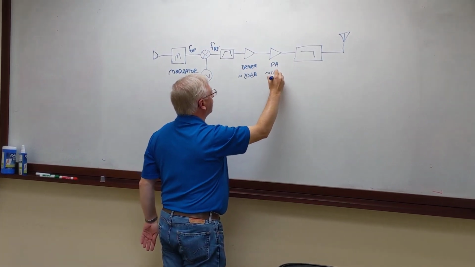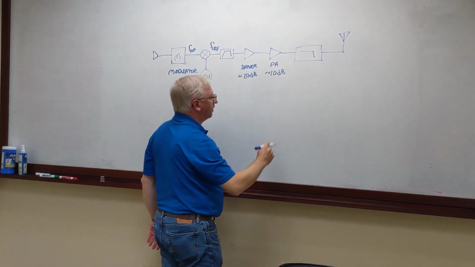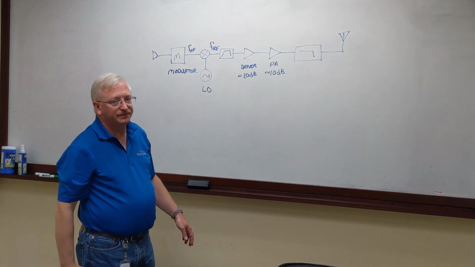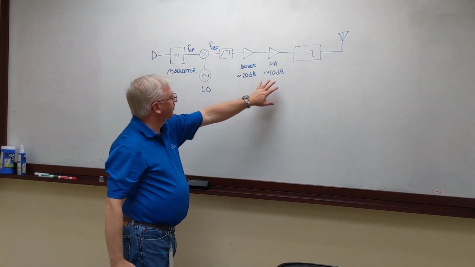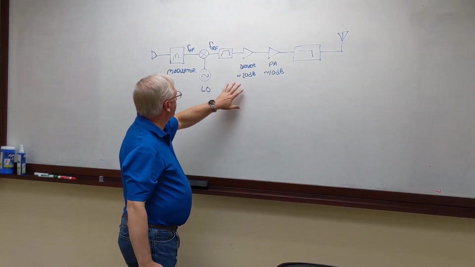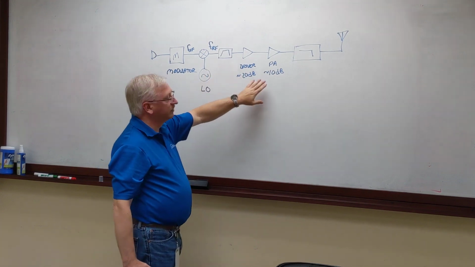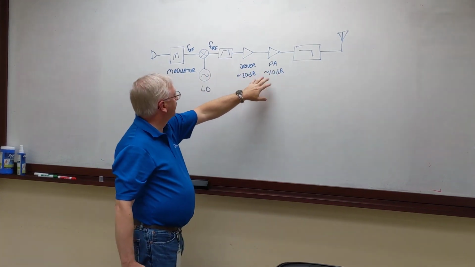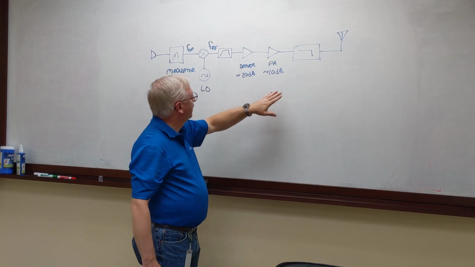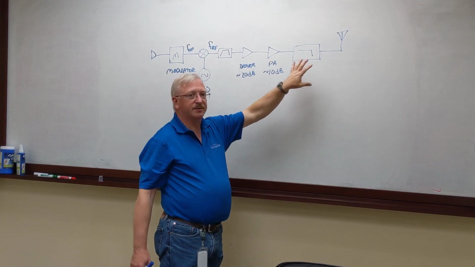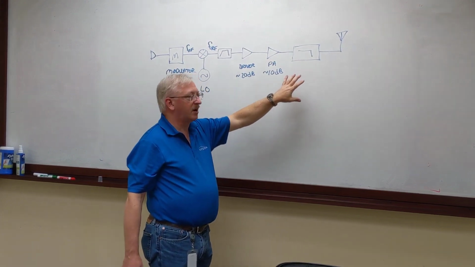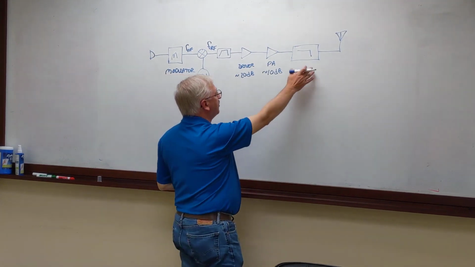These are usually lower gain because they're higher power. That's the reason for the driver: sometimes you don't have enough signal power directly from your driver to the power amplifier.